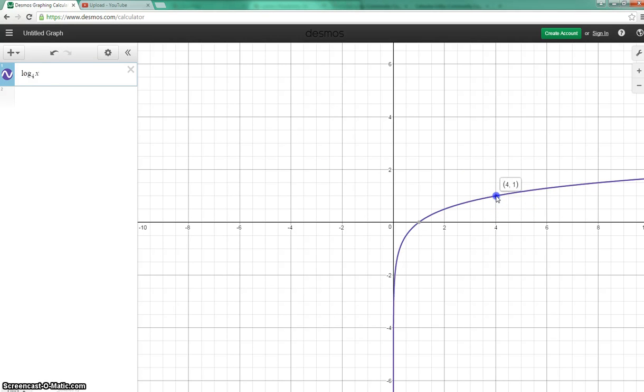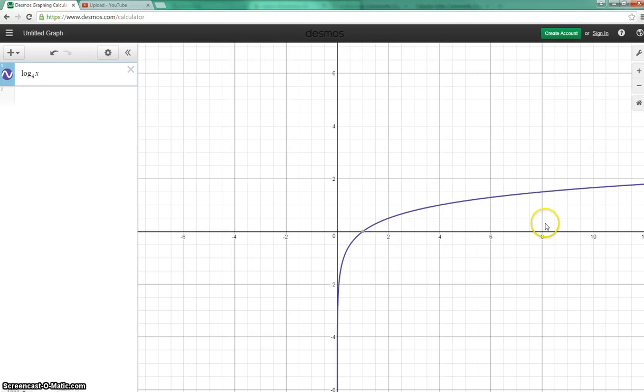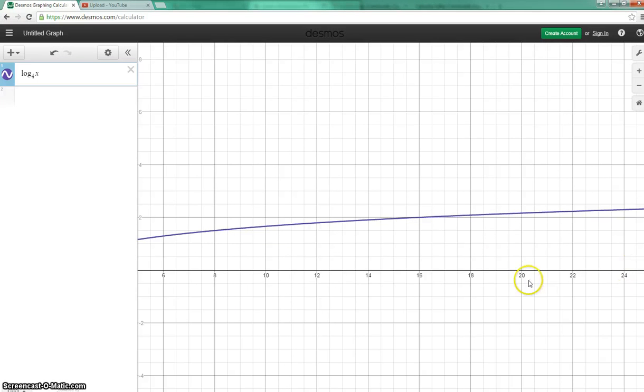That's because 4 to the what power equals 4? It's 4 to the first power. If we go out to 16, when my x is 16, I'm close enough. Log base 4 of 16 equals 2, because 4 squared is 16.